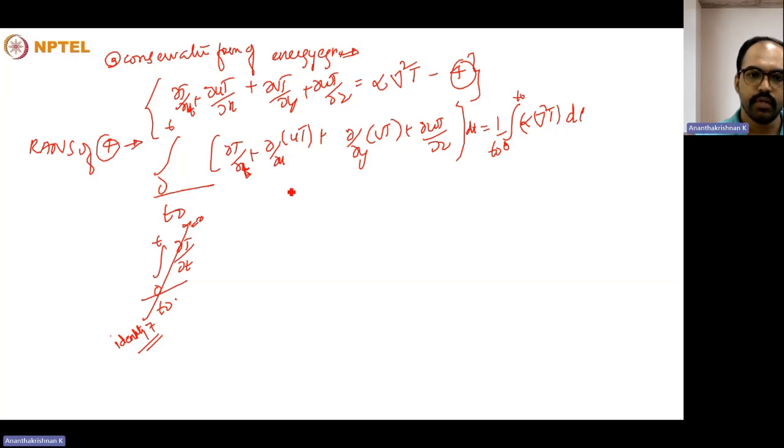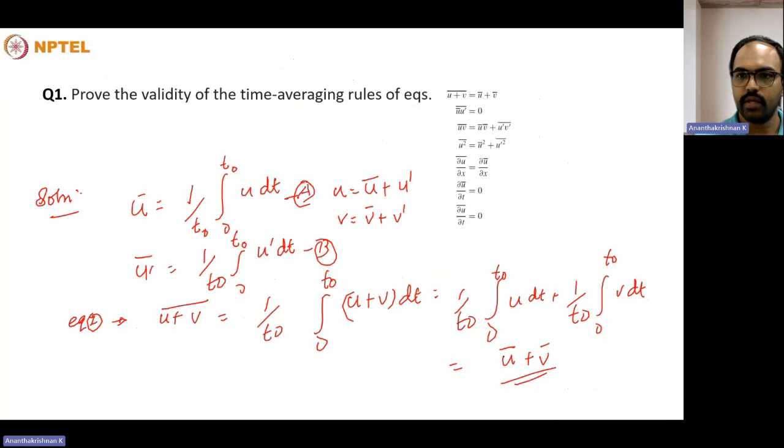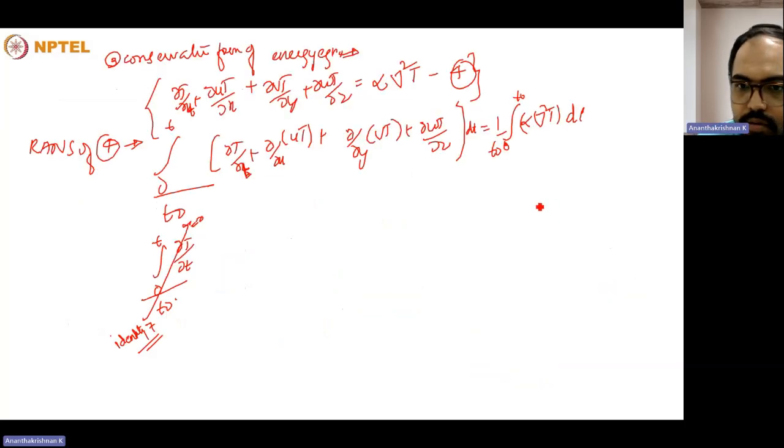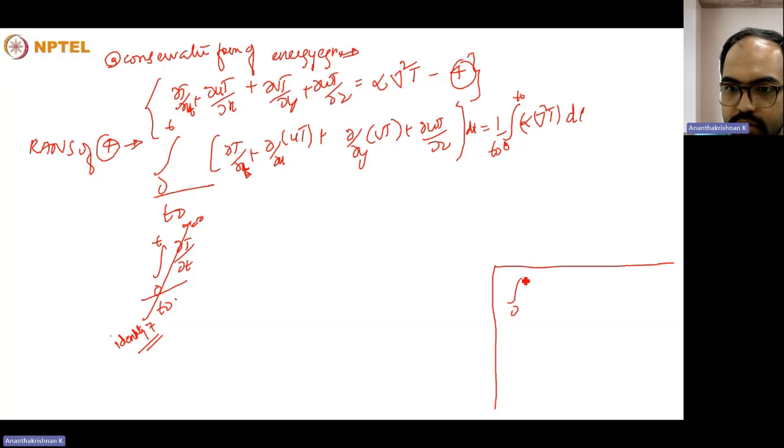Going to the second term, that is the time averaging of the derivative of a product. That will be quite similar to what you have seen previously. So I'll just open a small figure here, so the confusion can be avoided. I try to derive it: 1 by T0 integral 0 to T0 of ∂(uT)/∂x dt.